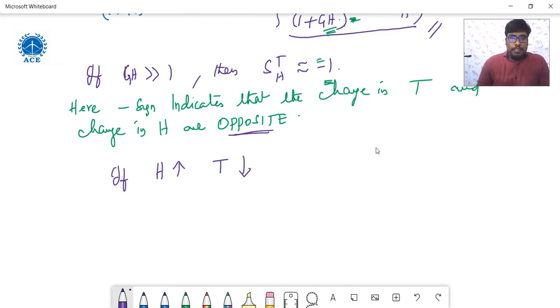If the feedback H decreases, then the overall gain will increase. The sensitivity of feedback increases, then the overall gain will decrease. The sensitivity of feedback decreases, then the overall gain will increase. Okay, so this is major important. Then what will happen?